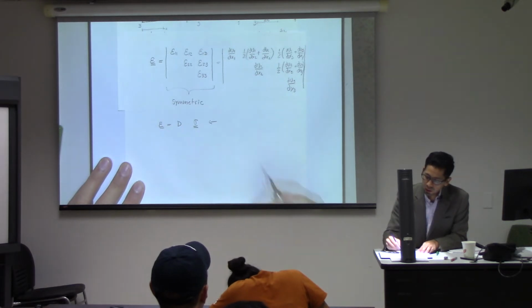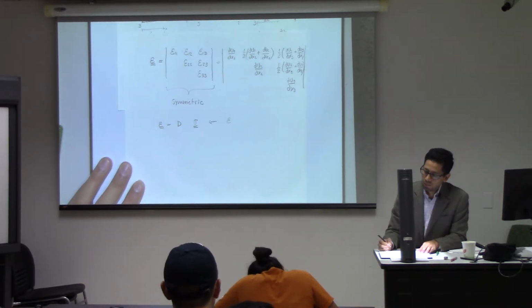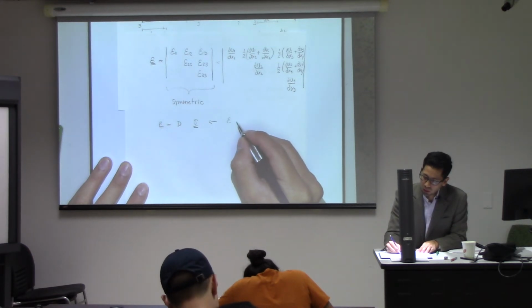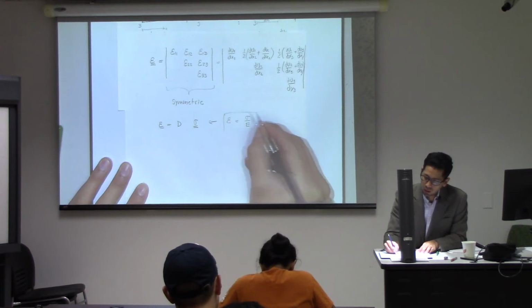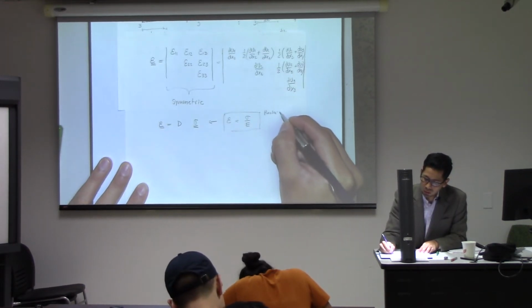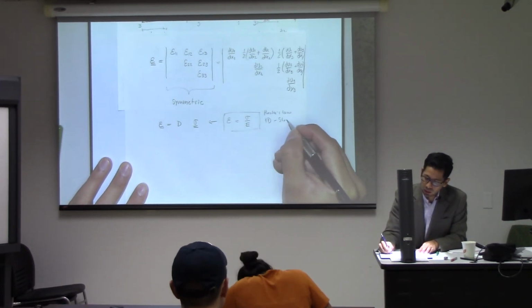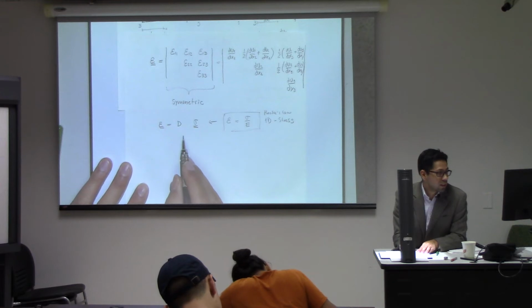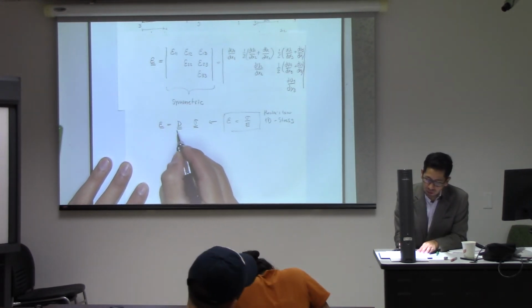This is very similar to saying, this is a typical Hooke's law, where epsilon is sigma divided by E, right? This will be Hooke's law 1D with the stress. I'm writing something very similar here, but it's valid for 3 dimensions.